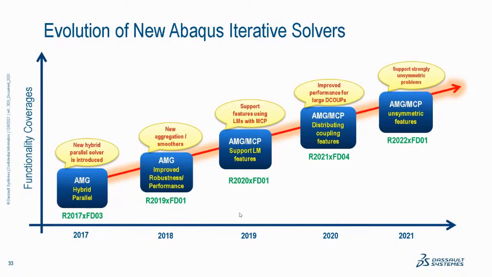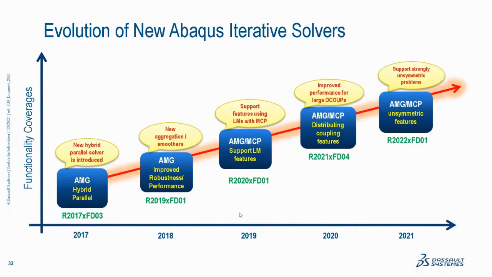Here, when I say convergence, I'm not talking about nonlinear convergence. I'm talking about convergence of the iterative solver itself. In 2019, we introduced the so-called MCP version of the iterative solver, so mixed constraint preconditioner, which is a capability that allows us to expand the scope of modeling features that can be solved with iterative solvers, in particular those features that have Lagrange multipliers.